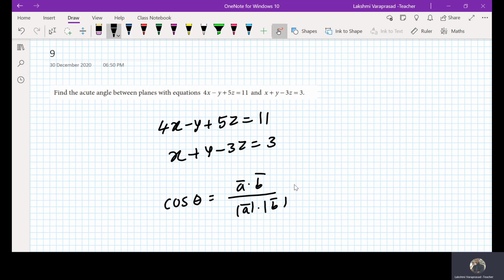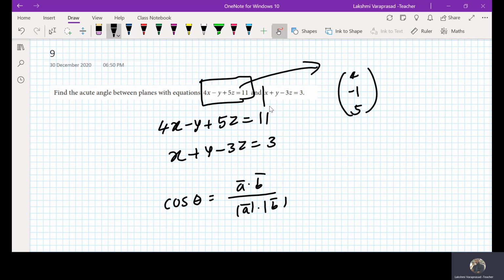What is the direction vector here? The vector representation here is (4, −1, 5), called a bar, and here it is (1, 1, −3). We'll do the dot product of these two.